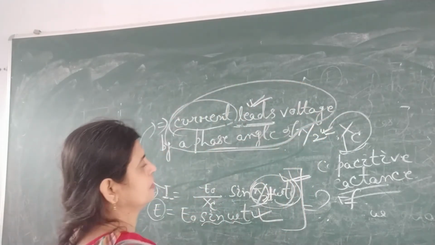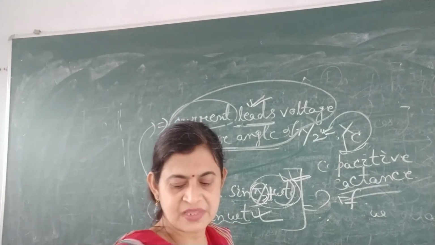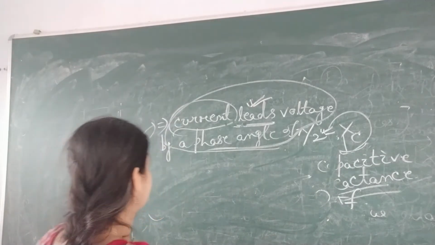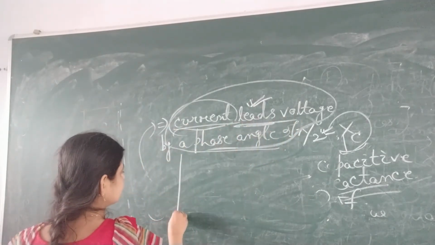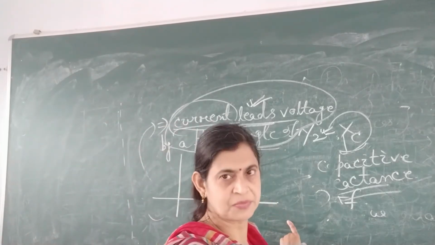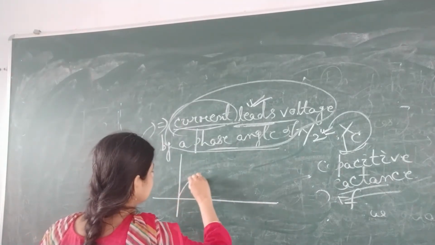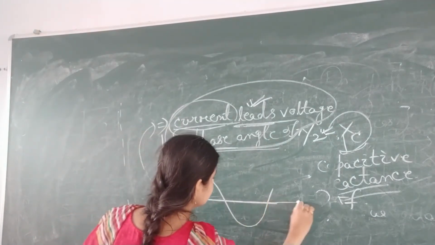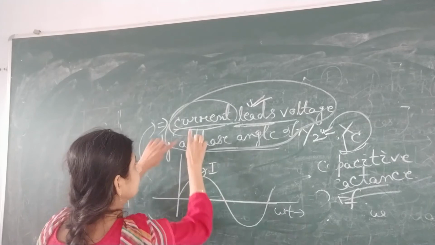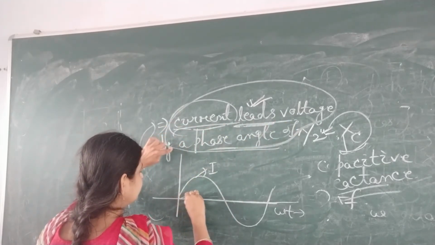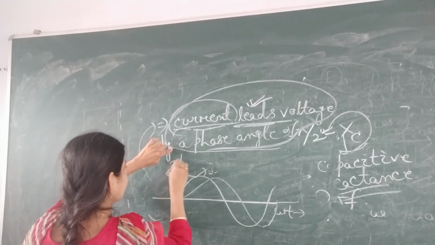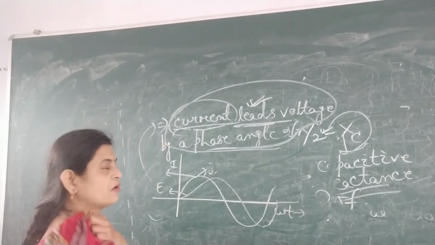So if you want to express this conclusion in graphical form, then what will be the nature of the graph? Current leads the voltage. That means, in the expression pi by 2 plus omega t, suppose this is current and this will be E or voltage.